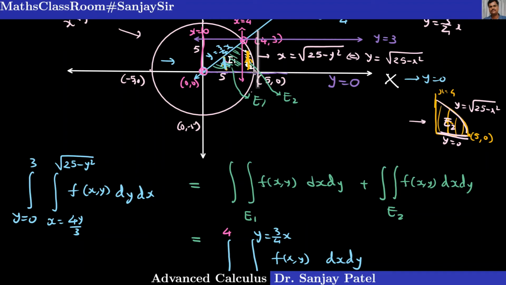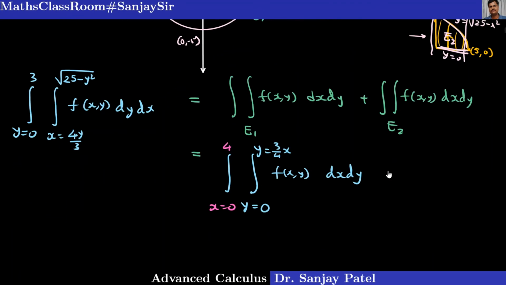It is not coming properly, so let me draw. It is this line actually, which is given by x is equal to 5. So region E2 is bounded by x equal to 4 and x equal to 5, and these two curves, y equal to 0 and y is equal to square root of 25 minus x square.